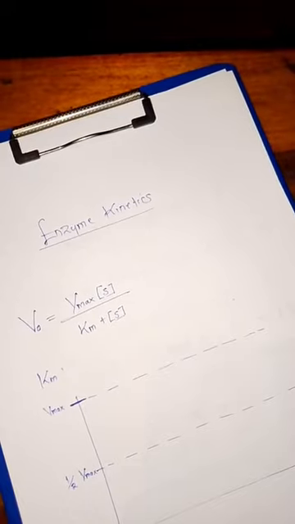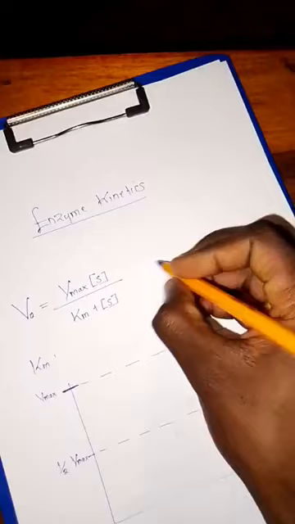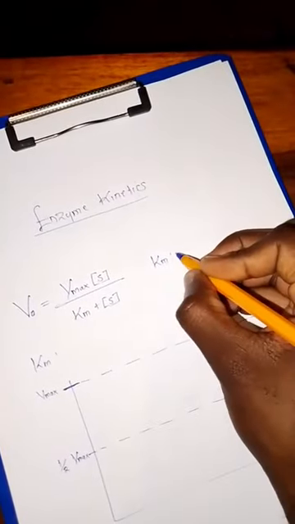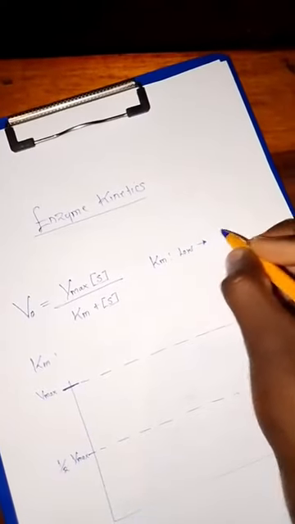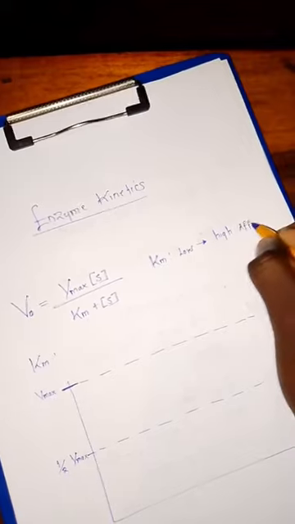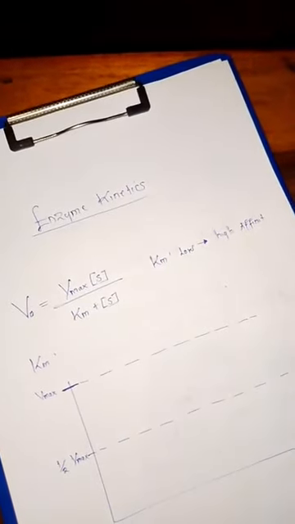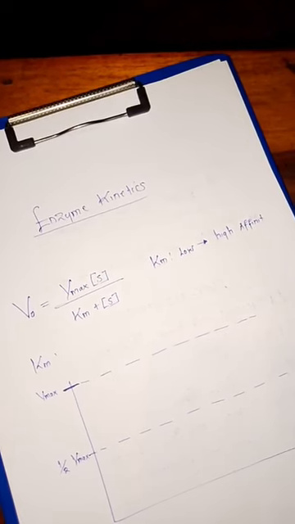Before I show you the graph, one thing you have to know about the Km is that when the Km of an enzyme is low, it means that the enzyme has high affinity to its substrate, or it is strongly attracted to its substrate.